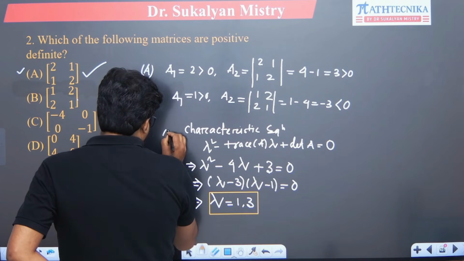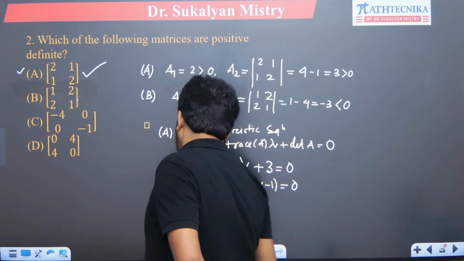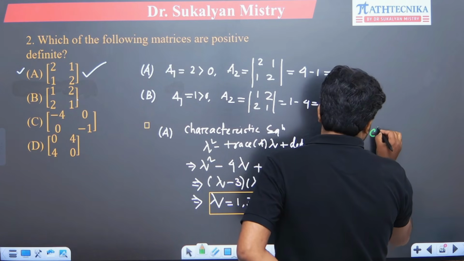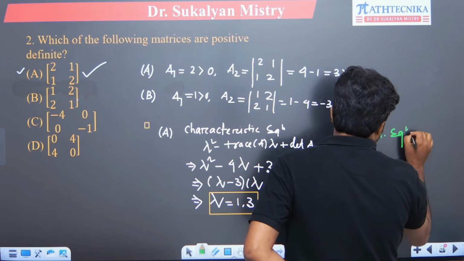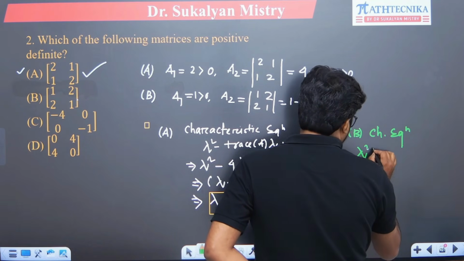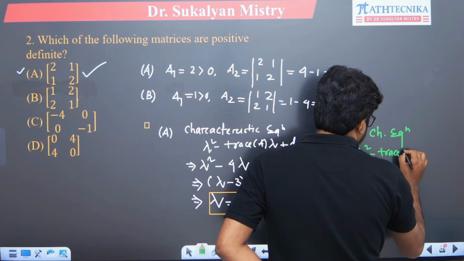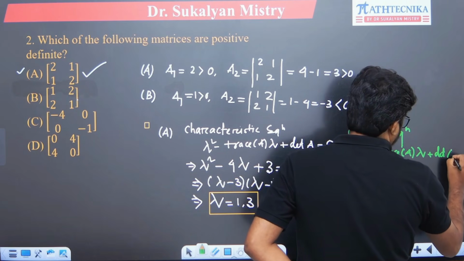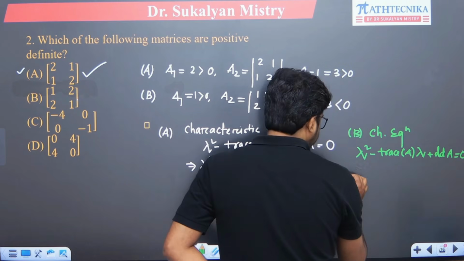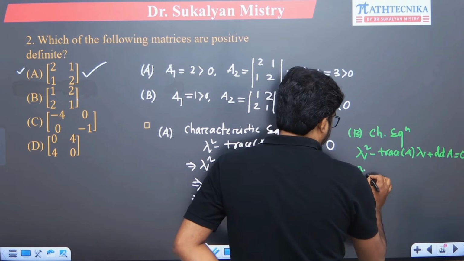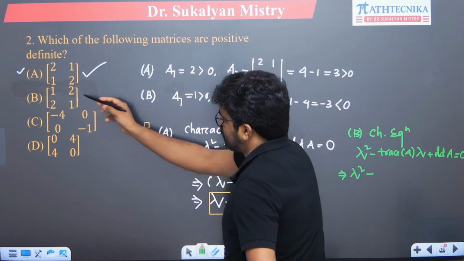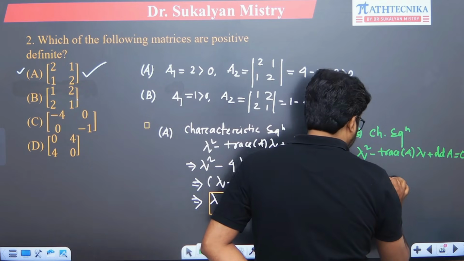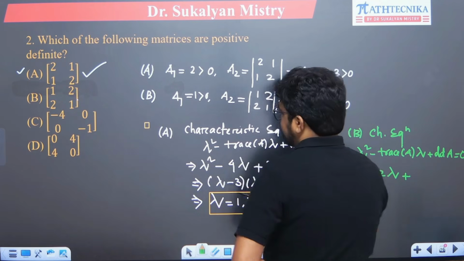So if we consider the next example, suppose option B, what is the characteristic equation? The characteristic equation is lambda squared minus trace A into lambda plus determinant A is equal to 0. Okay, that means lambda squared minus trace. What is the trace? Trace will be the sum of the diagonal elements, that means 2, right? So minus 2 lambda plus the determinant.